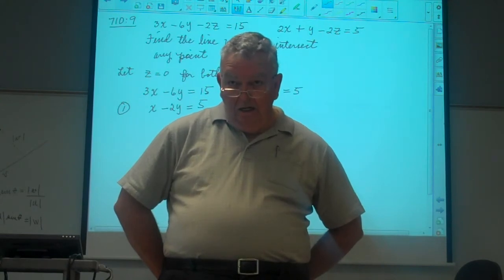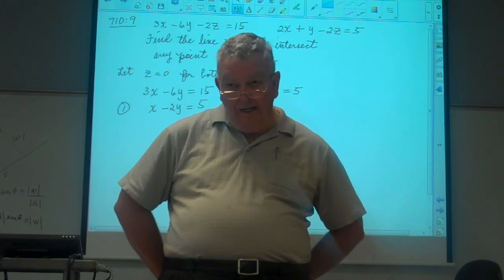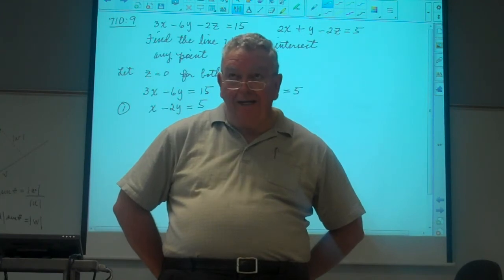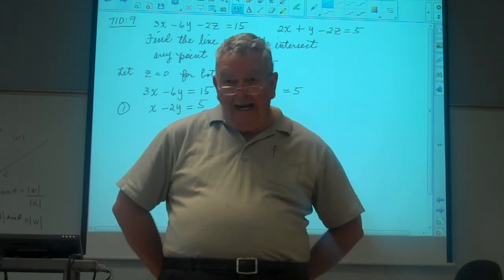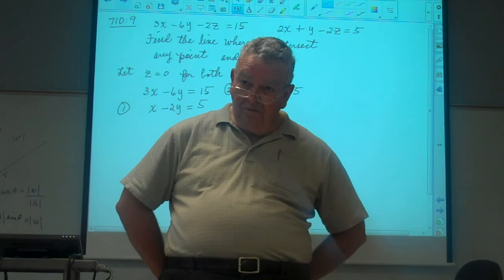Well, now you know what's next. I'm gonna find an X and Y value that goes with Z equals 0, right? Okay. And if I'd have let X be equal to 0, I would have found a Y and Z value that went with X equals 0.